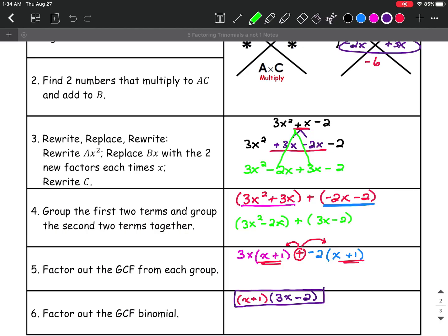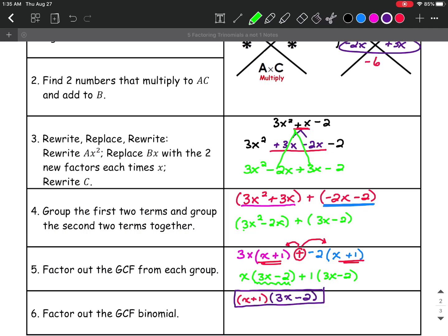Now we would take out our common term. What do 3x squared and negative 2x have in common? The only thing they have in common is x. 3x squared divided by x is 3x, minus 2x divided by x just gives us a minus 2, plus, what do 3x and negative 2 have in common? Just 1. And that would leave us with 3x minus 2. Now take a look.